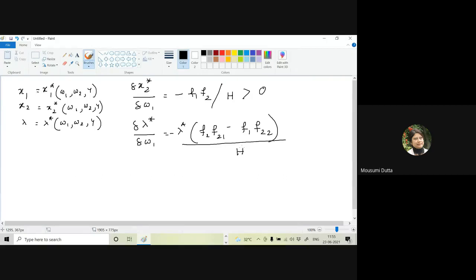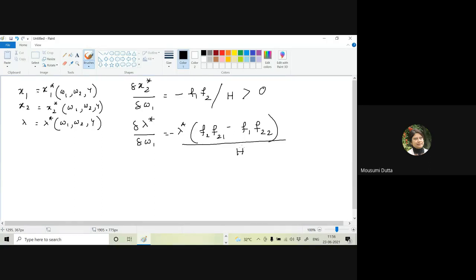All of you got this? Yes, ma'am. Okay, so here also we will not be able to tell something about the sign. In fact, in the earlier case, in a two-factor world, assuming marginal productivity of all the factors to be positive, we actually predicted some sign. Here we will not be able to say anything regarding the sign of F2 F21 minus F1 F22.